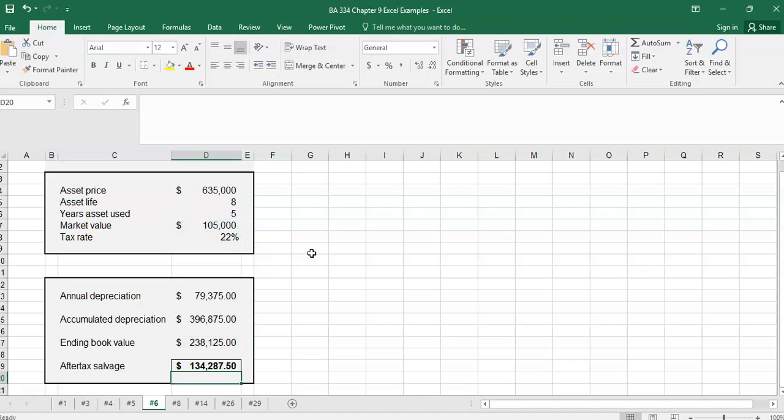So the after-tax salvage value of this equipment is $134,287.50. You can see we actually get a tax shield from that, because we're selling it for less than the book value. So we would be taking a loss on it, which gives us a protection from taxes.